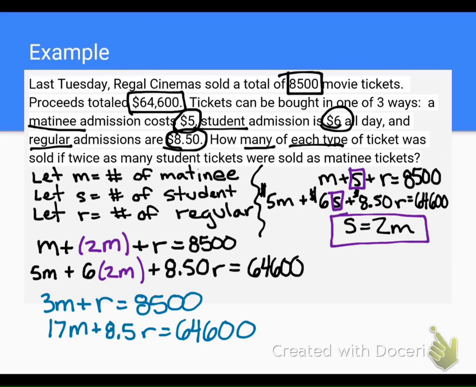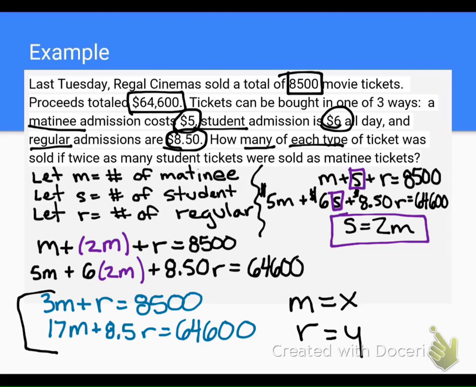Now that I have these two equations, I could use elimination to solve for each of the variables. But these numbers are not super friendly to work with, so instead I'm going to use Desmos to graph these and find my solution that way. I'm going to replace M with x and R with y on Desmos so that it understands what I'm saying.